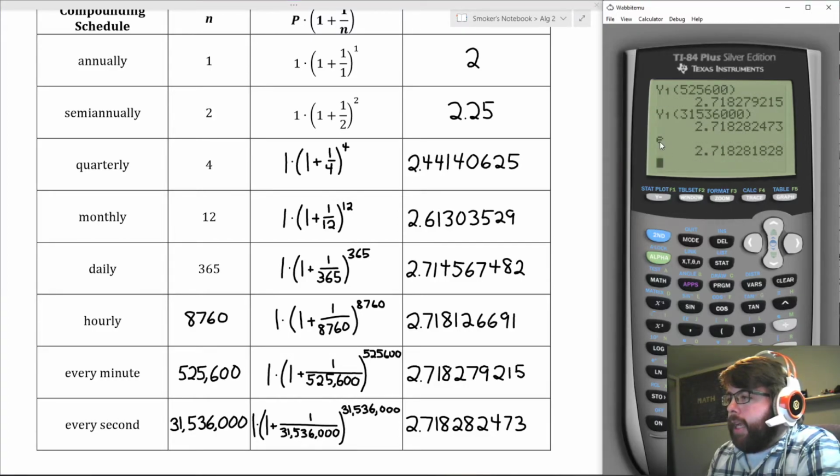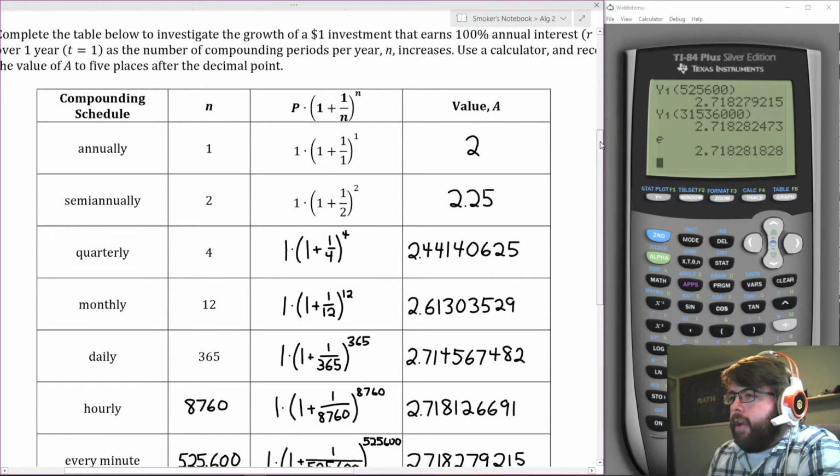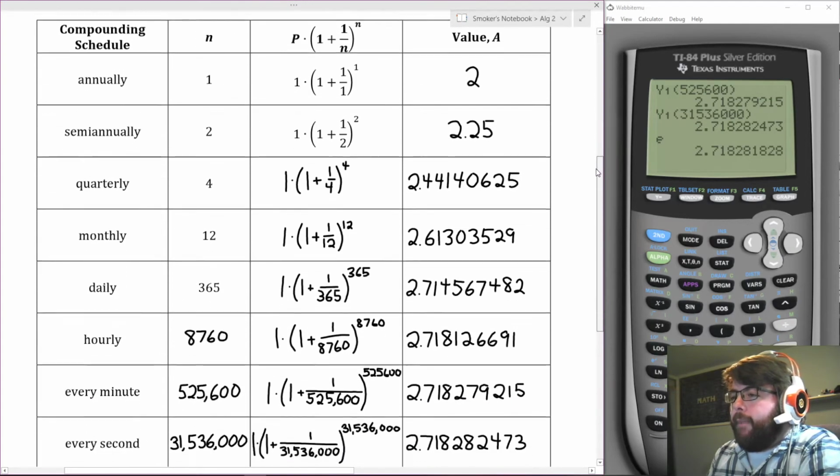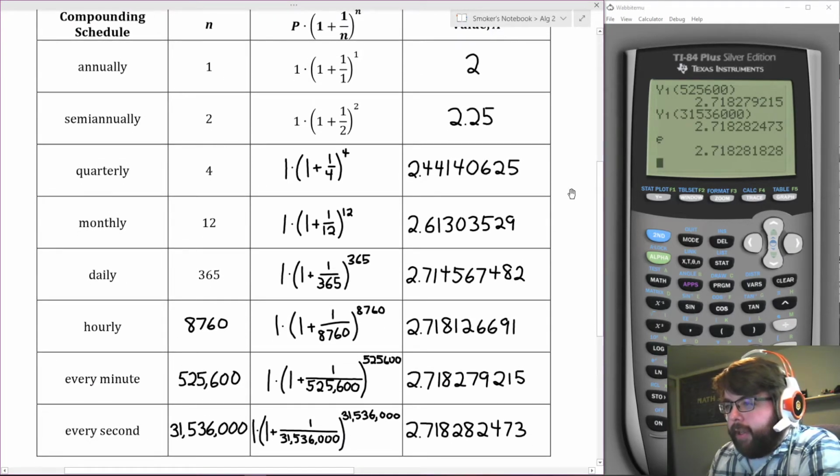The number e is the irrational number for an investment compounding continuously, like every moment it's compounding. Compounding 100%, compounding continuously.